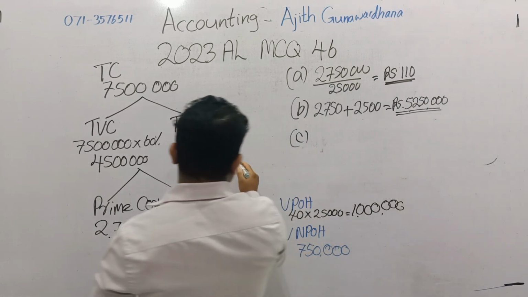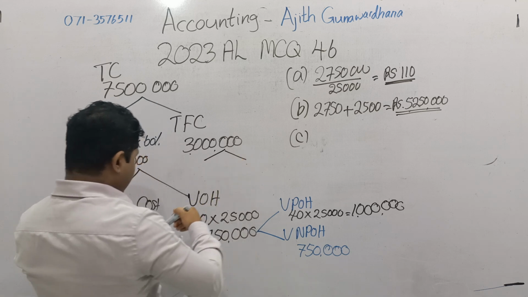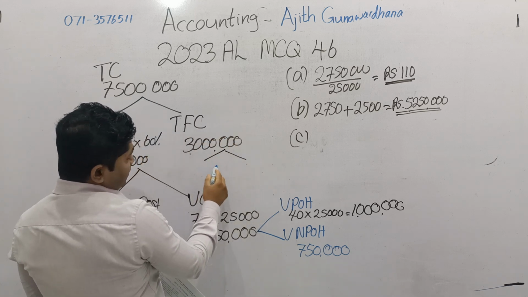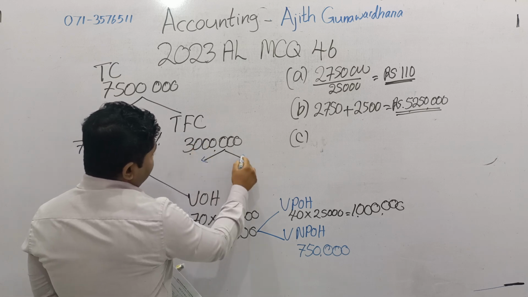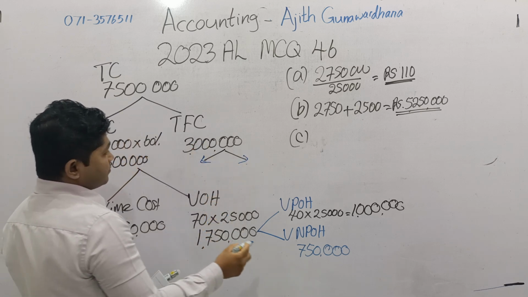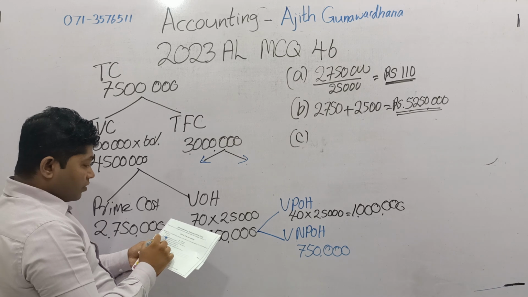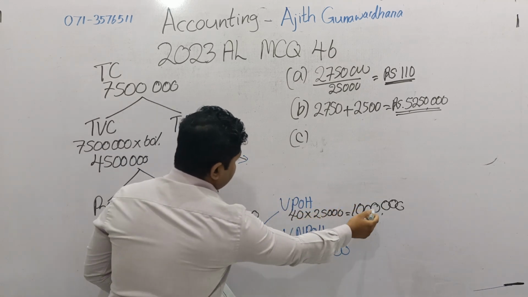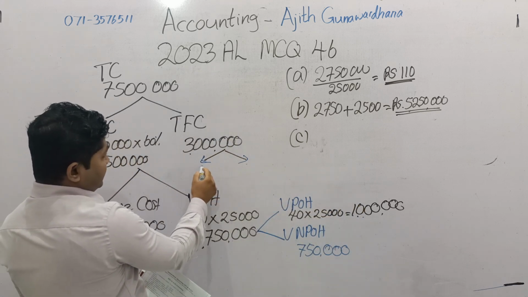The fixed cost can also be divided into two parts, production and non-production. It is given that total manufacturing overhead is 2.5 million, which includes variable production overhead as well as fixed production overhead.